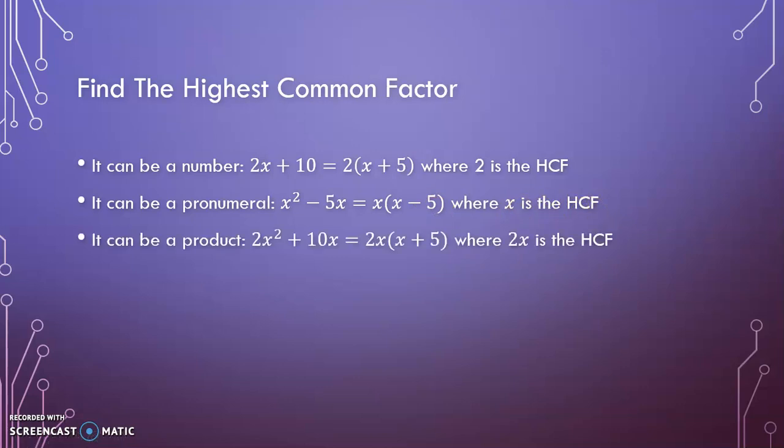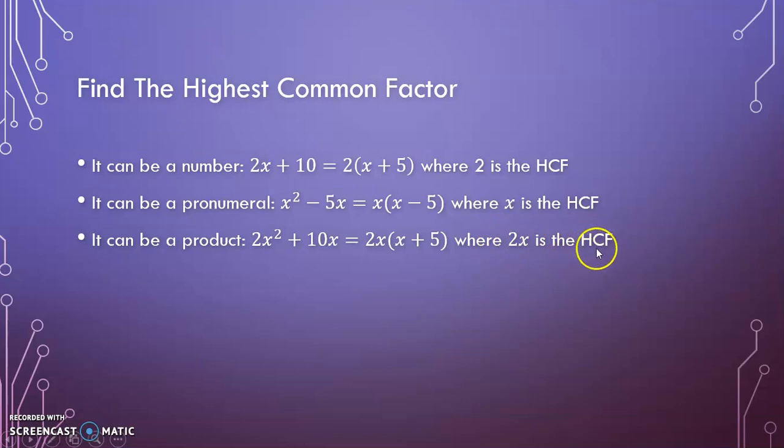It can be a product as well. Compared to the first expression, 2x squared plus 10x, they both have 2 in them. They also have an x in them. So we have to take both of them out, so in this case, 2x as a product is the highest common factor.